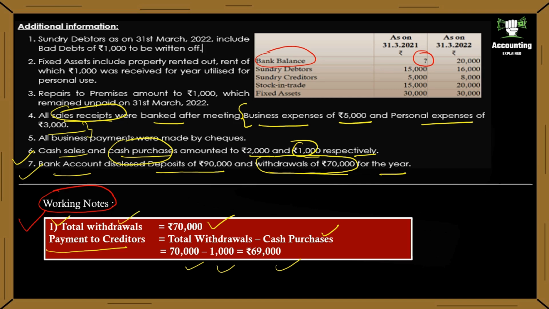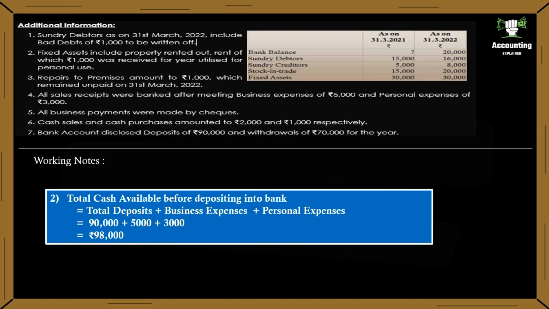Okay. Next we will find out the total cash available with us before depositing into the bank. Total deposits plus business expenses plus personal expenses will be your total cash available before depositing into bank. What is the total deposit? See the 7th point, already we have seen. The 7th point says total deposit is rupees 90,000.